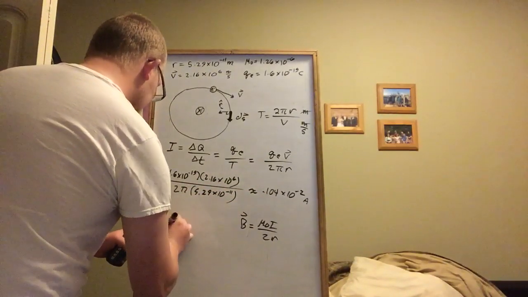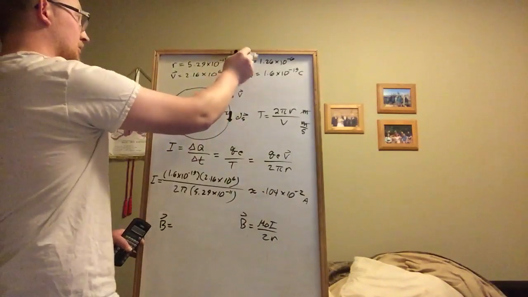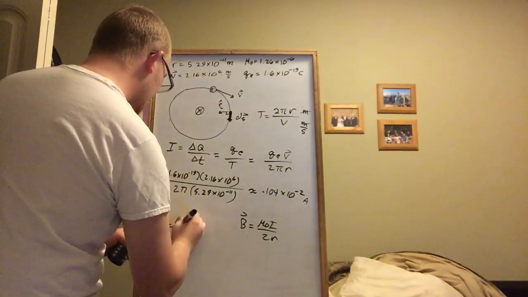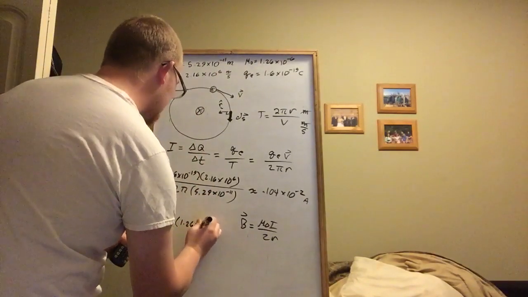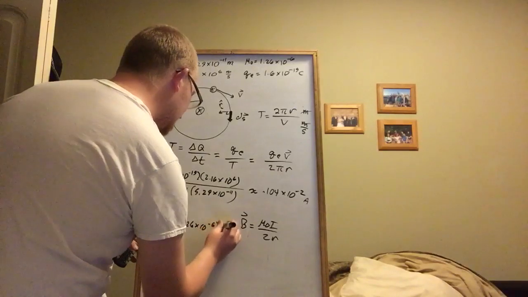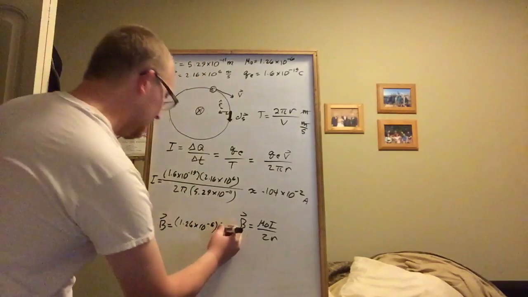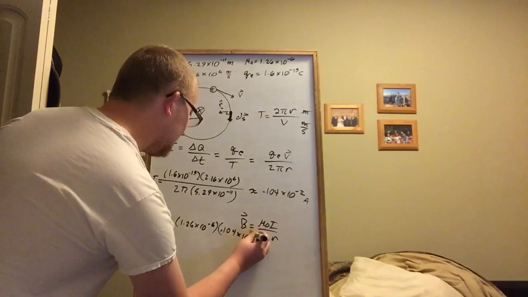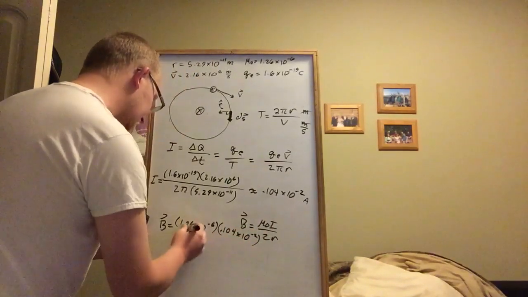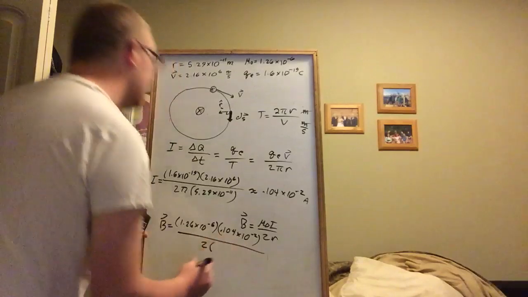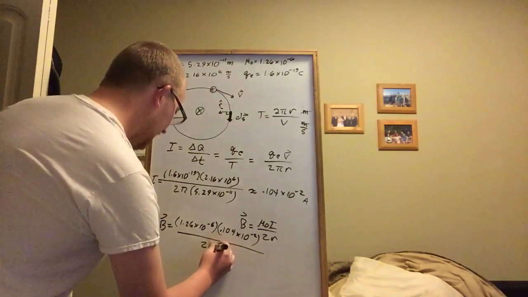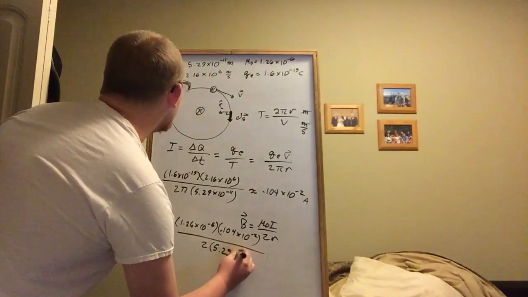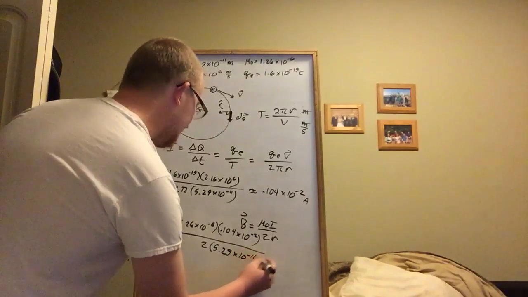B equals mu sub naught, the permeability of free space, which is 1.26 times 10 to the minus 6th, times the current we solved for, 0.104 times 10 to the minus 2, divided by 2 times the given radius of 5.29 times 10 to the minus 11.